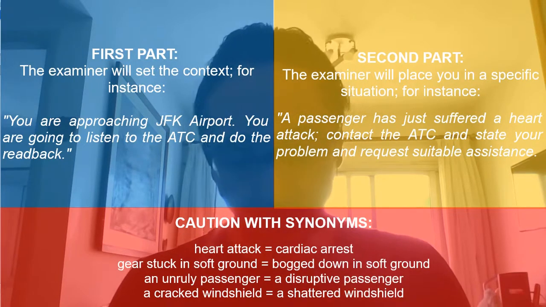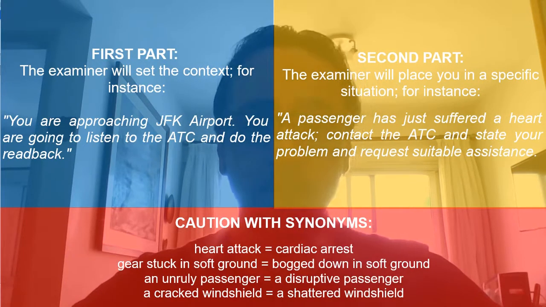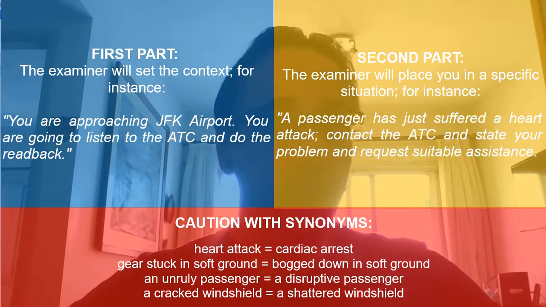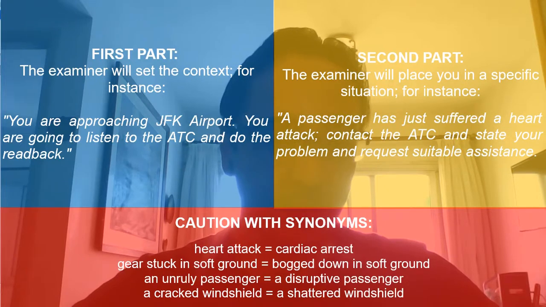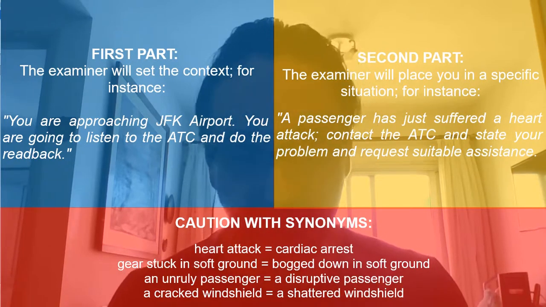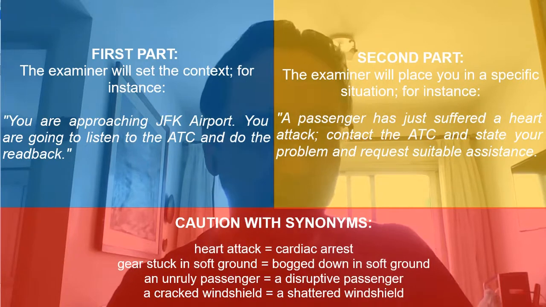Okay? One thing that is important, even when the ATC message is different from your problem, if the ATC gives you some instructions, for example, about flight level, heading, speed, or any kind of frequency, you must do the readback, and then you correct the ATC.